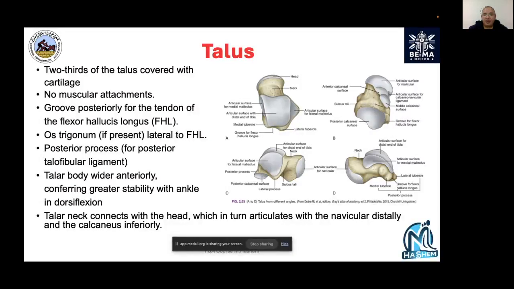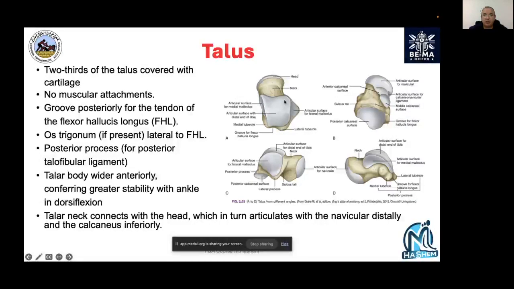Remember that in its posterior process there is a groove where the flexor hallucis longus passes, and the lateral tubercle is the common site for os trigonum. That's why the os trigonum is also always lateral to the FHL. Remember that the body is not uniform, it's trapezoidal, broad anteriorly.